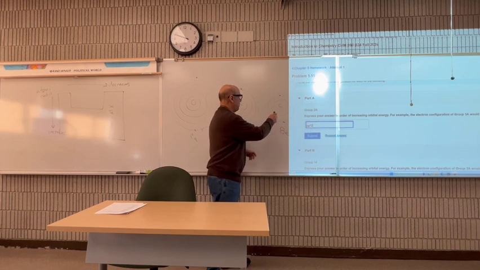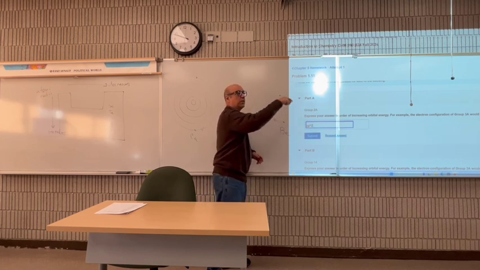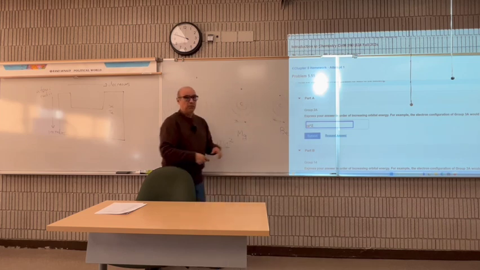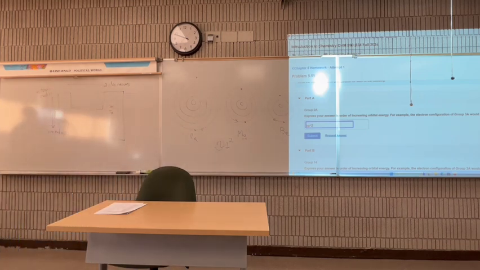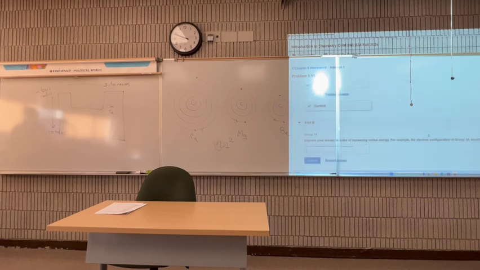That would imply having to write ns2p6 for the noble gases, right. So that, yeah. Now let's look at group 14.